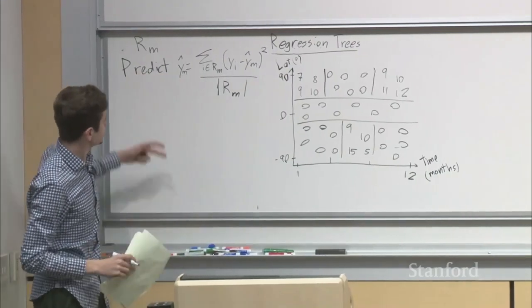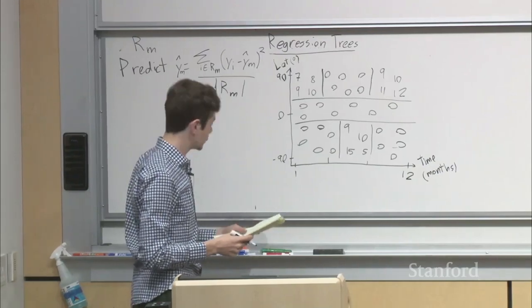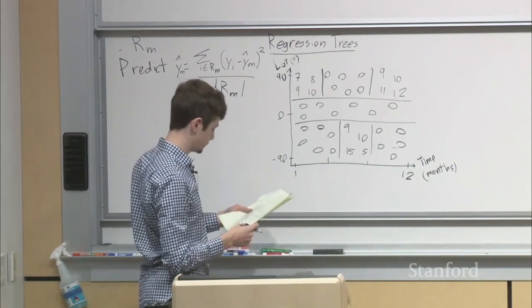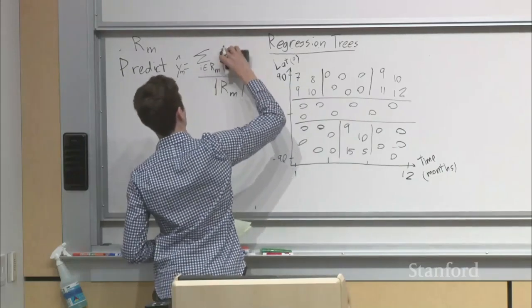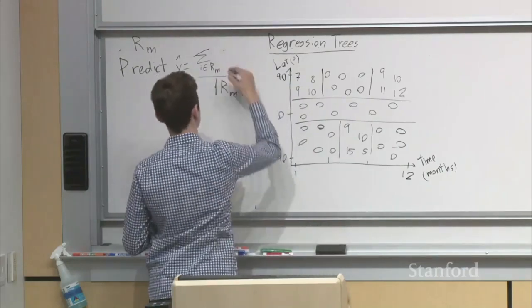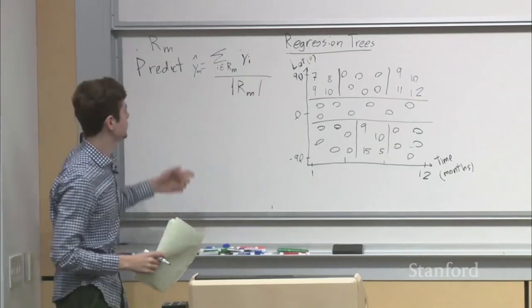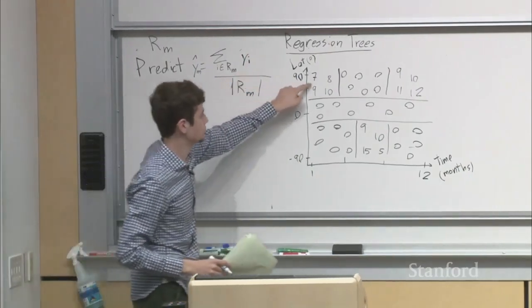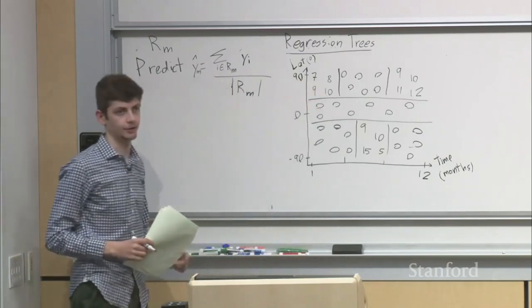No, sorry, that's wrong. I got a little bit ahead of myself. The mean value would just be this in this case, right? It's just you're summing all the values within your region, so in this case 7, 9, 8, 10, and then just taking the average of that.